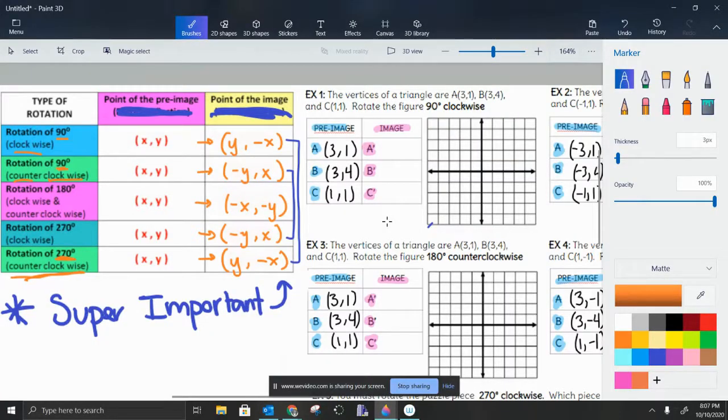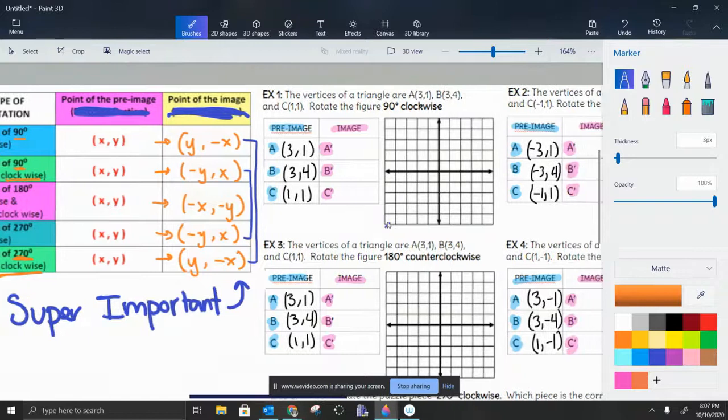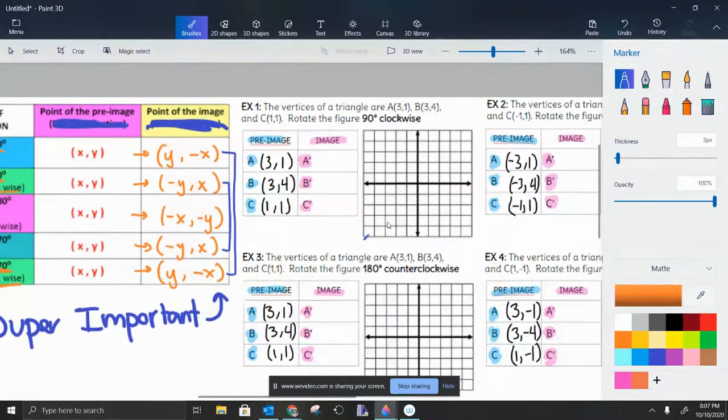Okay, so let's actually put this into practice. So here's our first example. We're told that the vertices of a triangle are A(3, 1), B(3, 4), and C(1, 1). They want us to rotate the figure 90 degrees clockwise. So they've given me the points of the original triangle, so let's go ahead and plot those.